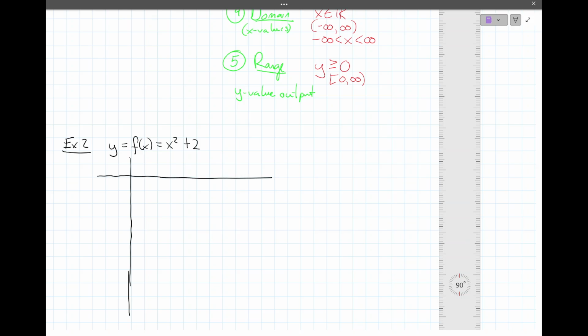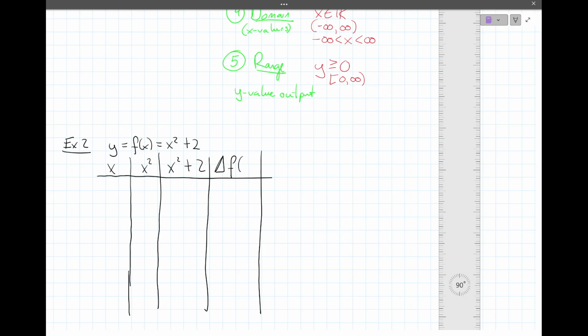We'll make a column for x, then x squared, then x squared plus 2, and let's just see what the change is. Then we'll do the change in f of x, and then the ordered pair, and then we'll graph it.